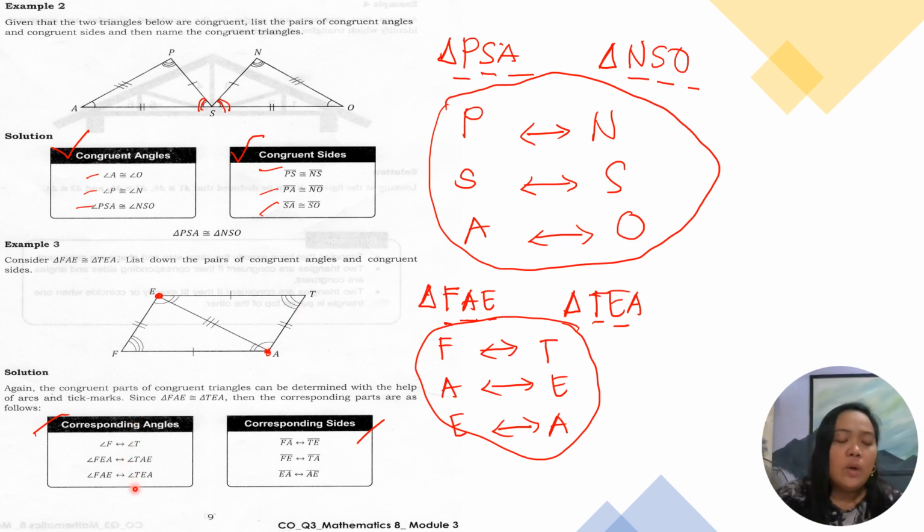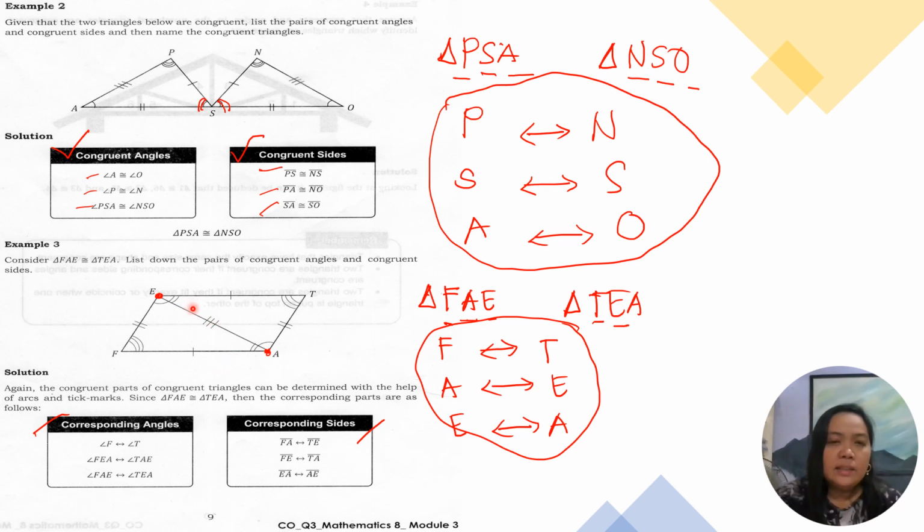Then we also have angle FEA. This one corresponds to angle TAE. Notice that both angles have the same arc. And last, we have angle FAE, which corresponds to angle TEA.